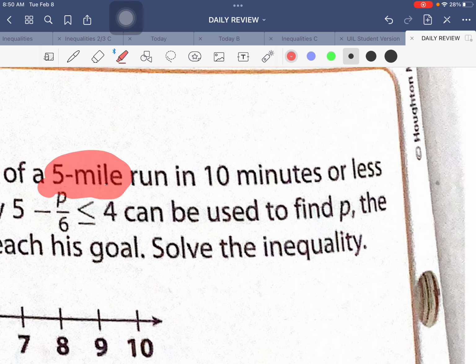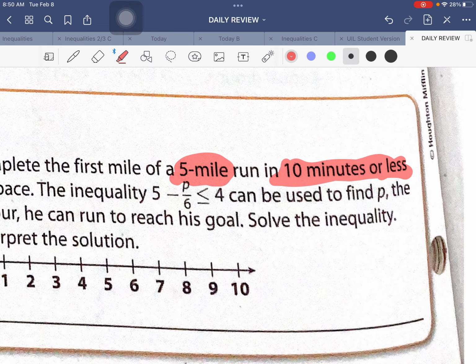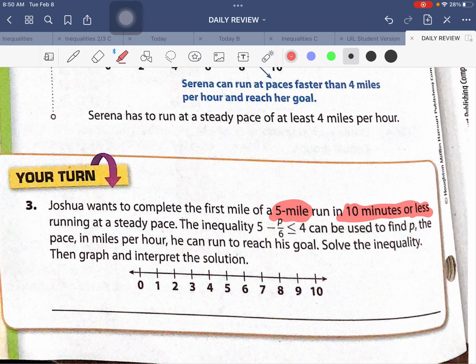So it's going to be what? Less than or equal to. Which is exactly what we have right here. 5 miles, 10 minutes. And what other number is important?